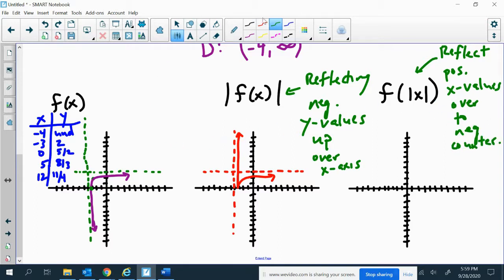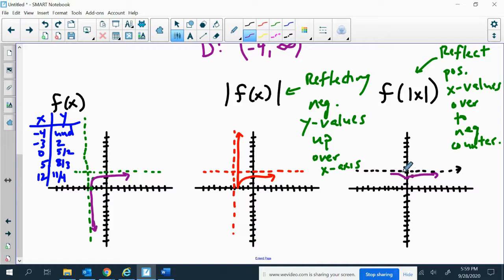So I have this graph that looks very much the same as I'm in positive x world. So I have this horizontal asymptote here.